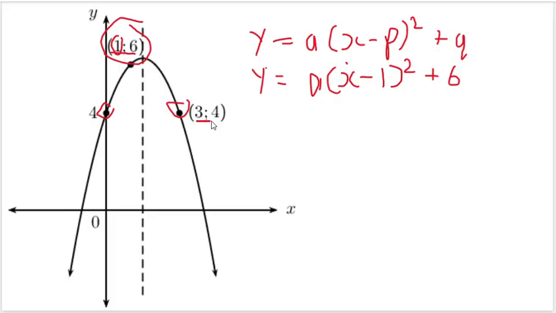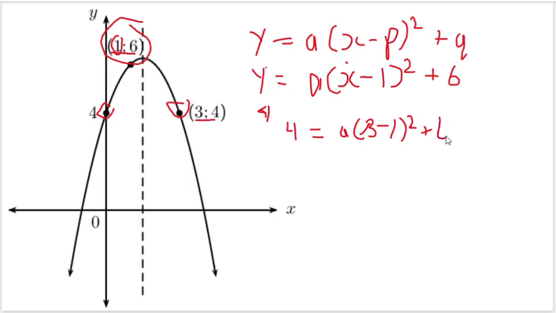We can use this, it's not a problem. So y we said it's 4, equals a open bracket, x we said it's 3, so 3 minus 1 squared plus 6.